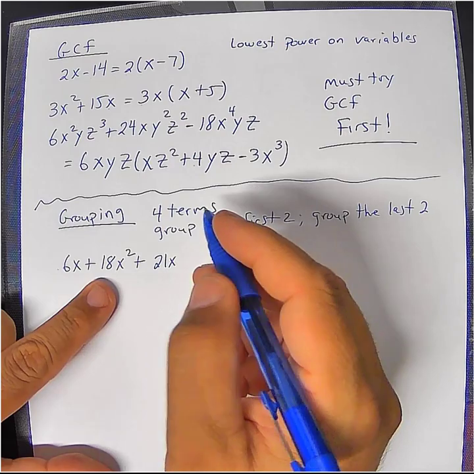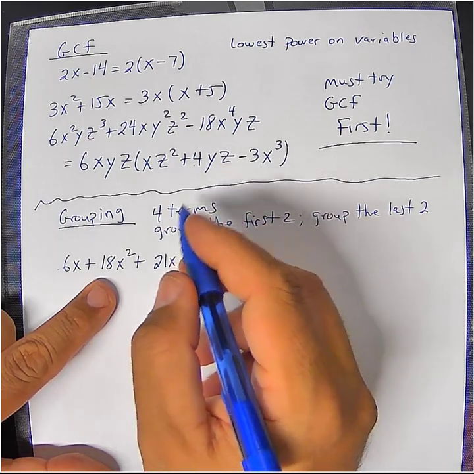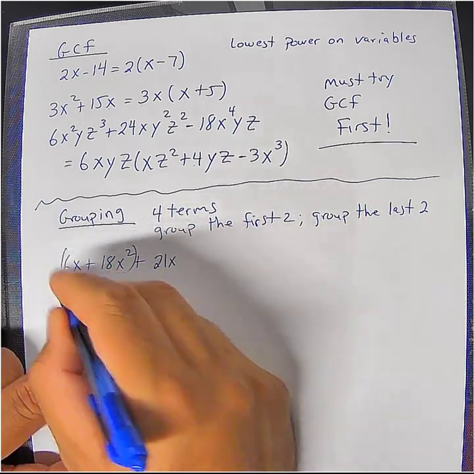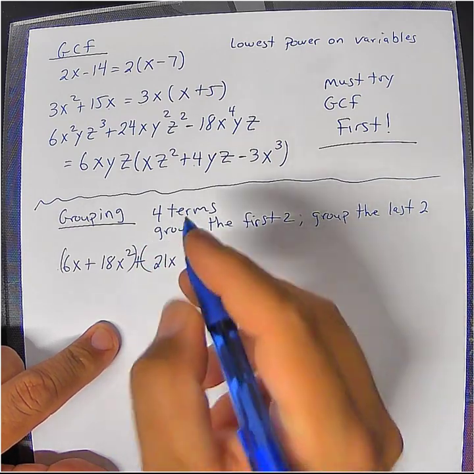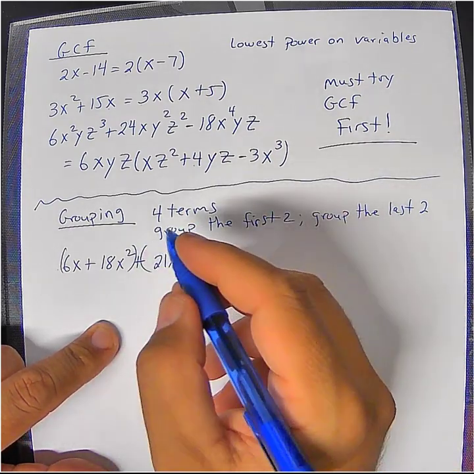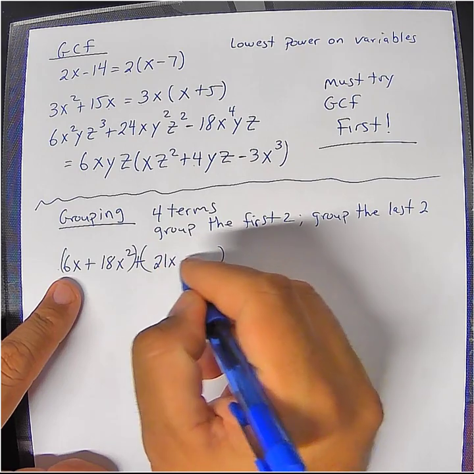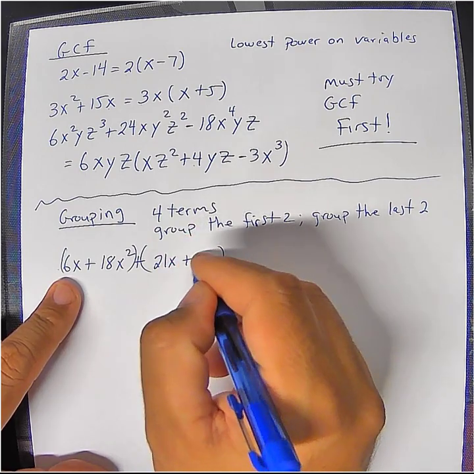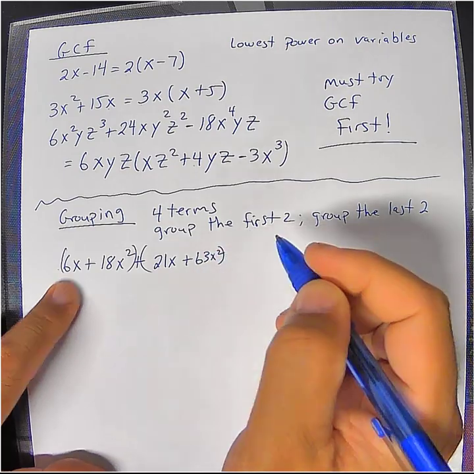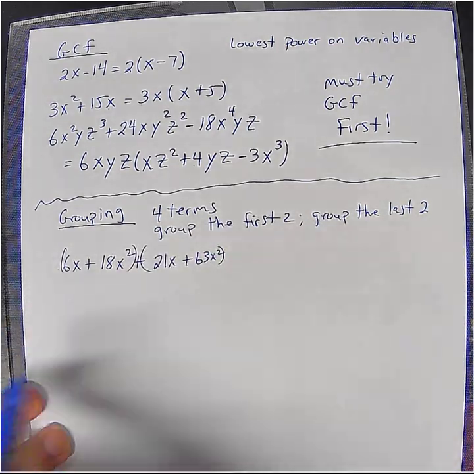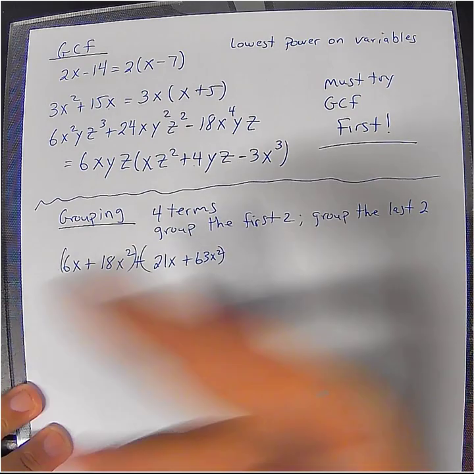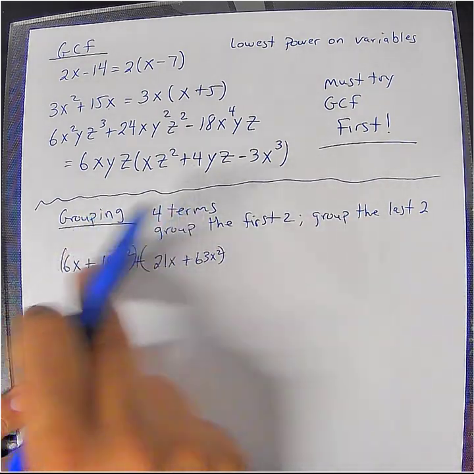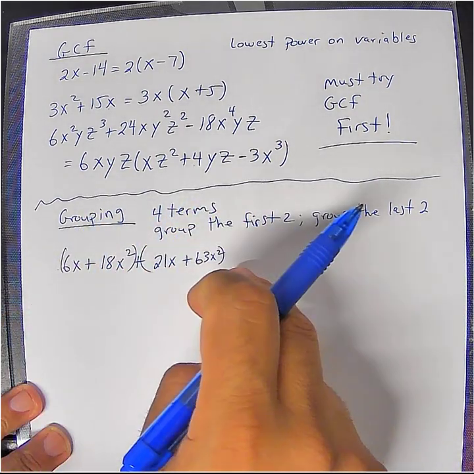I should have picked ones from what I did. I'm just trying to group these 2 together, and those 2 together. Let me just make one up for the heck of it. Plus 63x squared. I know this is not what I meant to do, but just to show you, if you had something like this, you group the first 2, then you group the last 2.